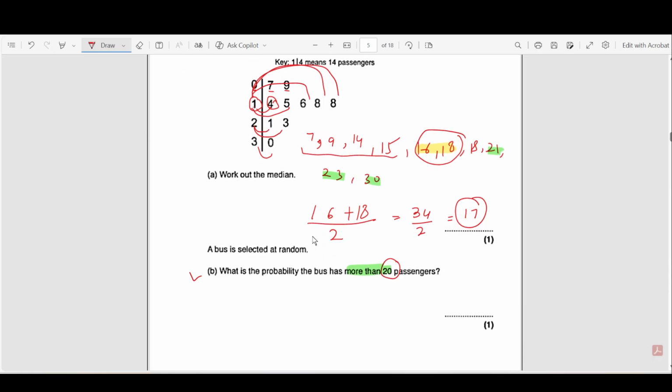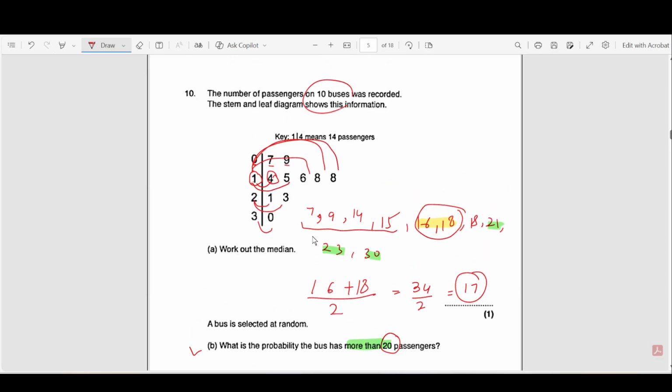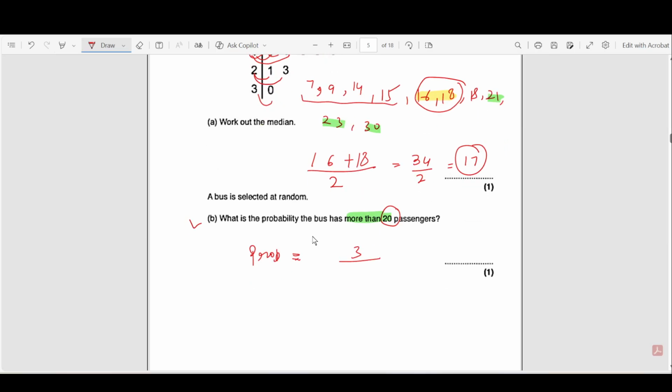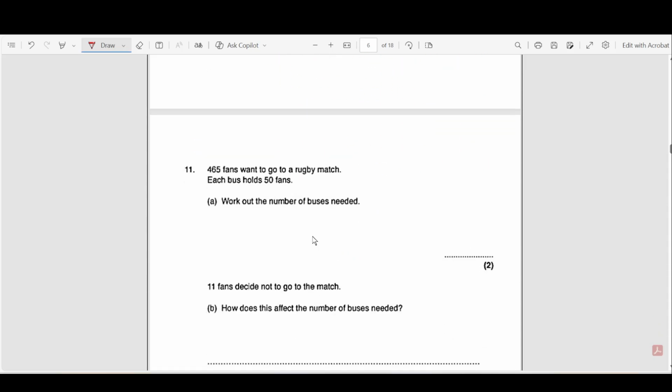There are three, 1, 2 and 3. So to find probability, we divide the favorable outcome, like here 3 is the favorable outcome, with the total. How many total buses are there? 10 given in the question, right? So divide 3 by 10, which would give you 0.3, and that's the probability, right? If there is 10, put the decimal after one digit. That's how we got 0.3.